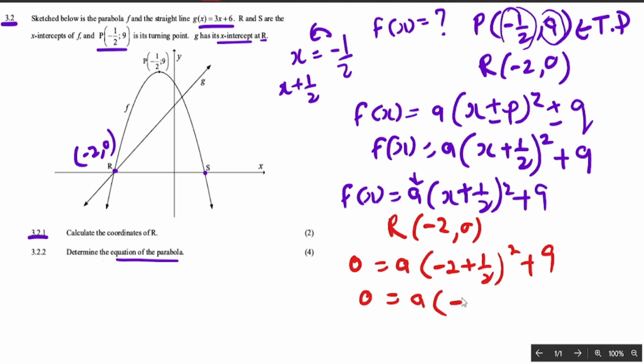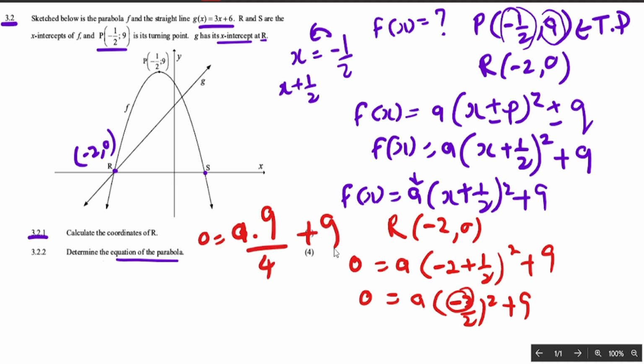You get minus 3 over 2 to the power 2 plus 9. And then you have 0 is equal to a multiplied by 9, right? Because it's going to be minus 3 squared, it's going to be 9 over 4 plus 9.